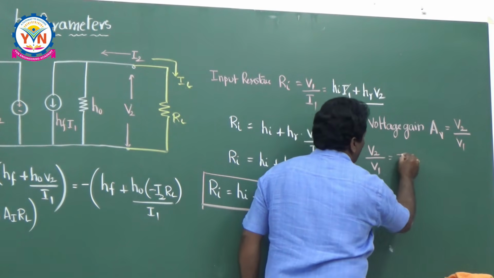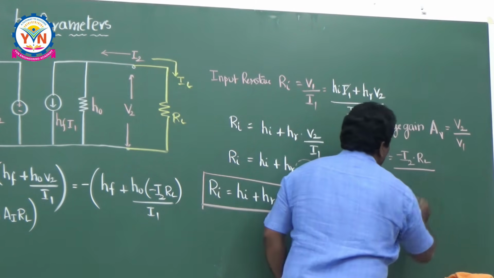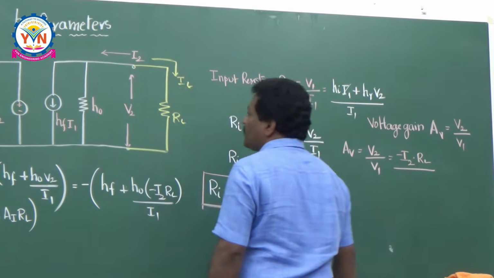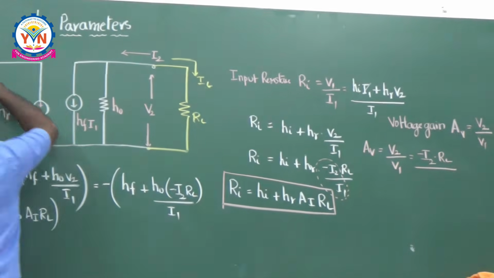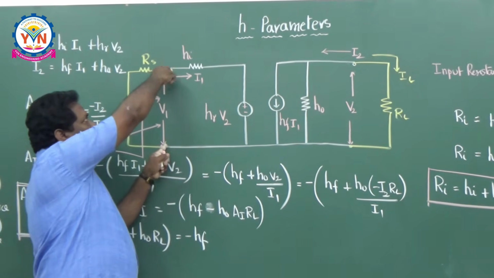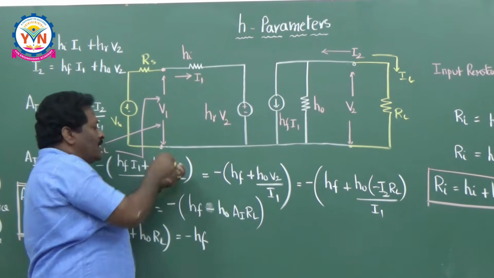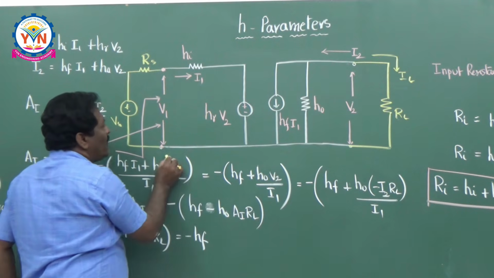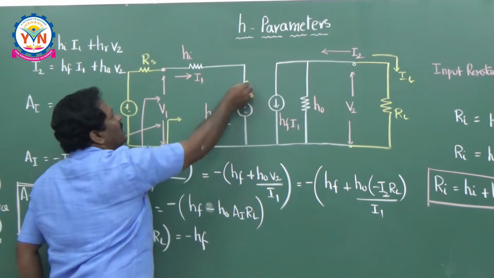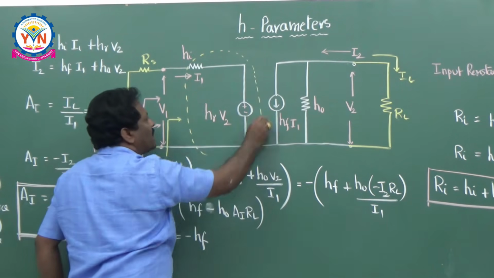What is V2? Minus I2 into RL, divided by V1. V1 means input voltage. Remember, this is the input voltage V1. V1 is equal to input current into this total resistance. Just now I told you, whenever you are seeing from this entire network, it can be converted into input resistance Ri.